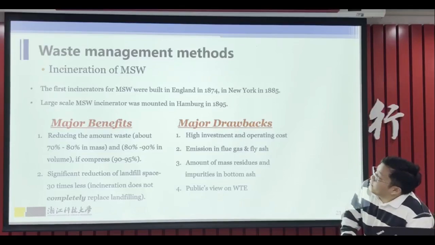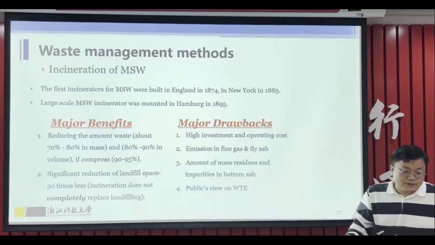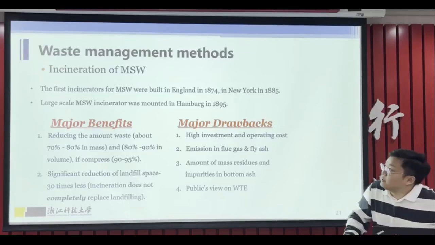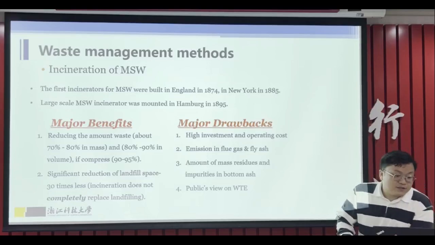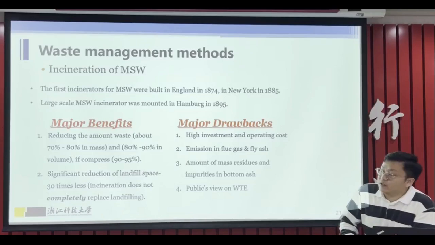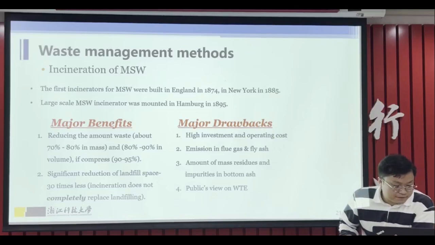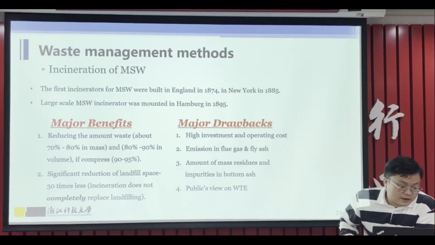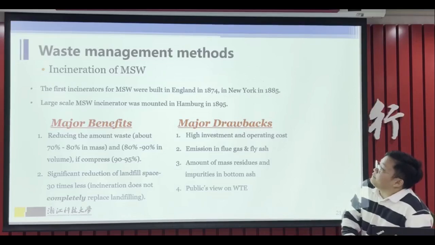And the other very popular municipal solid waste management method is incineration. The first incinerators of municipal solid waste were built in England in 1874 and in New York in 1885. A large-scale MSW incinerator was mounted in Hamburg in 1895.